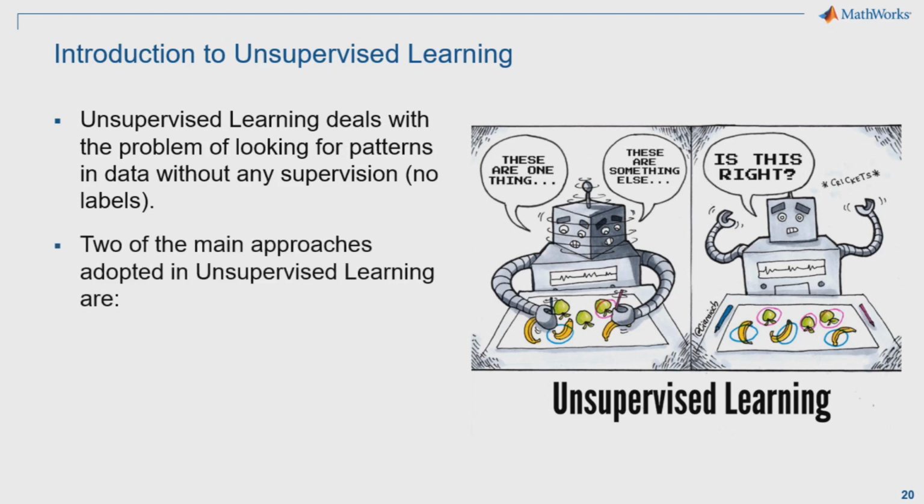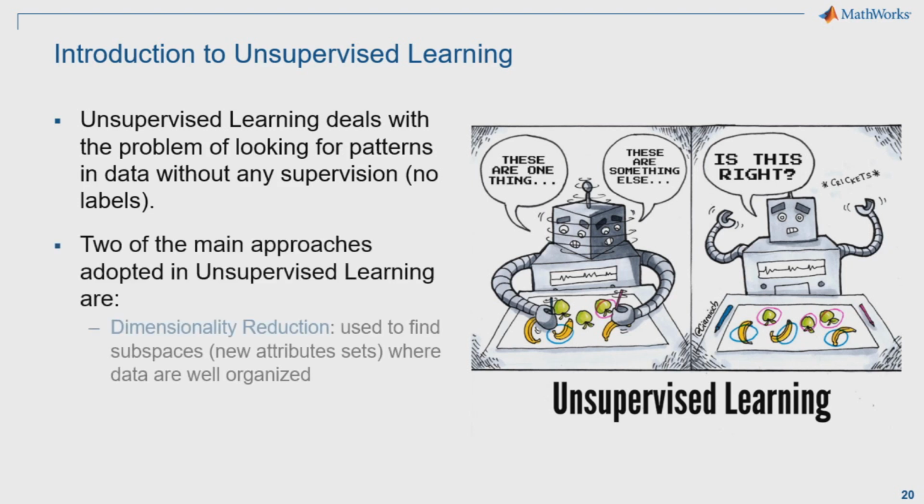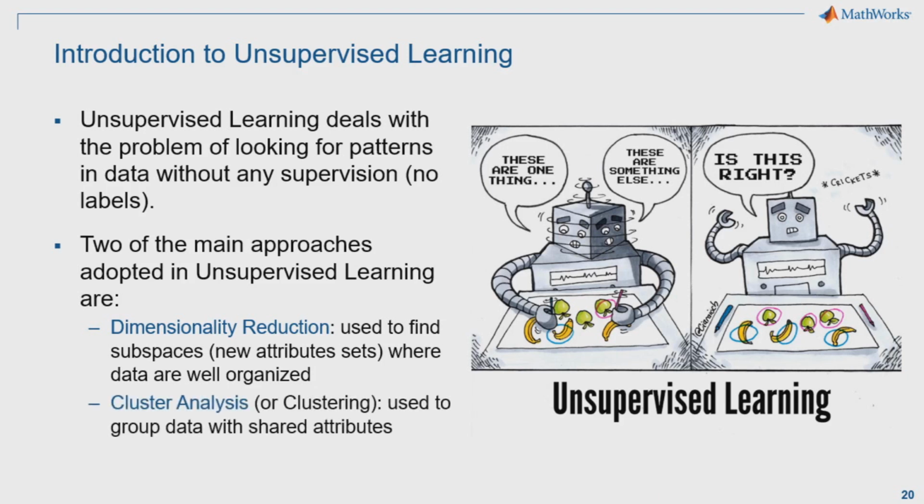There are two main approaches adopted in unsupervised learning: dimensionality reduction, used to find subspaces where data are well organized, and cluster analysis, also called clustering, which is used to group data with shared attributes typically.